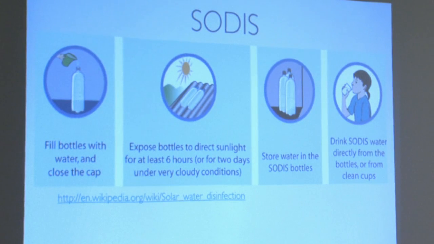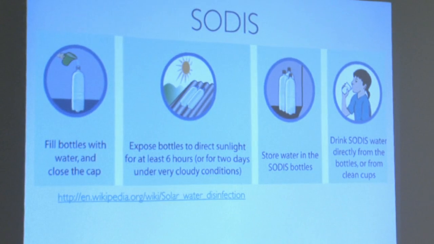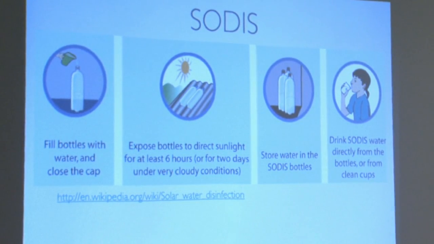But in most of the developing world, the companies that are promoting SODIS tell people to use 2-liter bottles, which are available in a lot of the developing world, and fill them with water and leave them out on your rooftops.